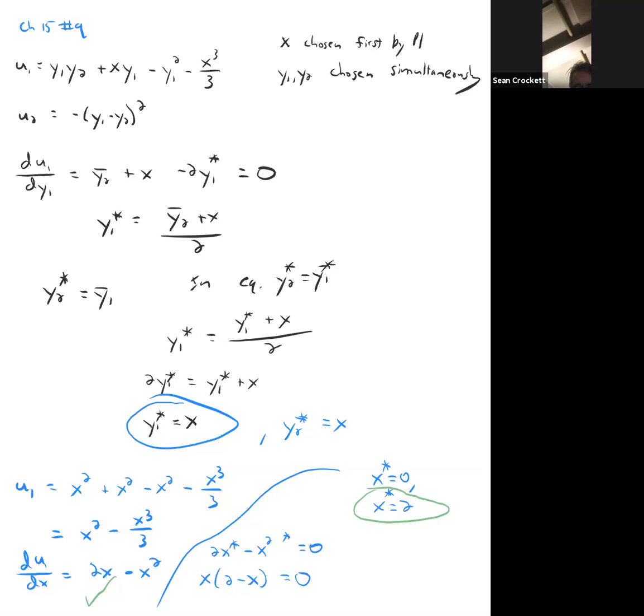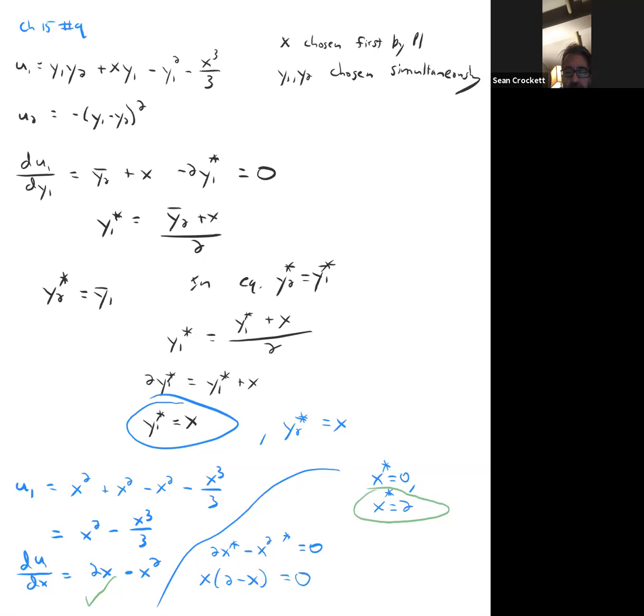So the solution that we were interested in is the bigger one anyway. Okay, so yeah, this problem isn't as bad as I made it out to be at the beginning, because I had twice written down the wrong utility function, and that'll get you every time.